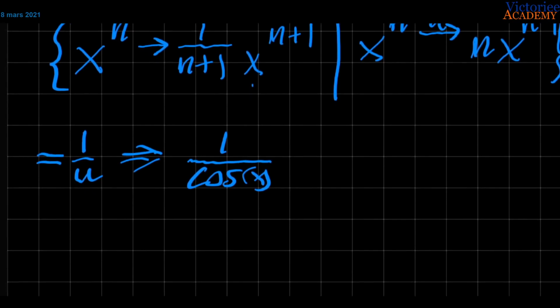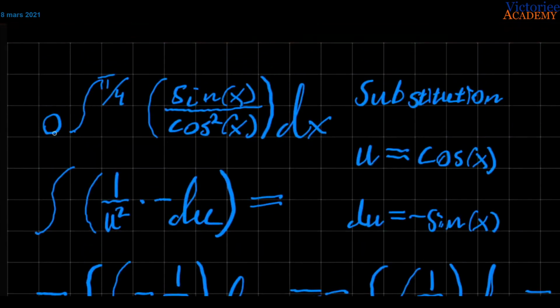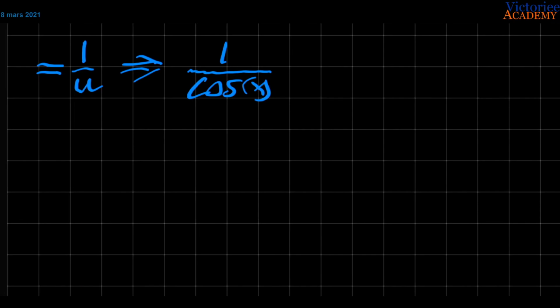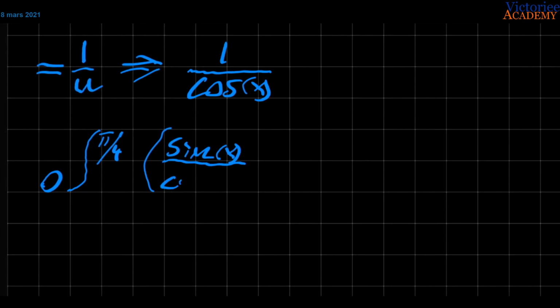This is the time when we go back to the integral we were dealing with for the evaluation. So that was 0 to pi over 4 of sine of x over cos squared of x.